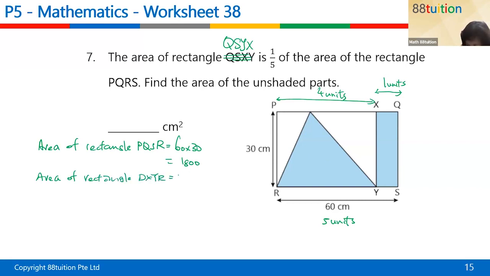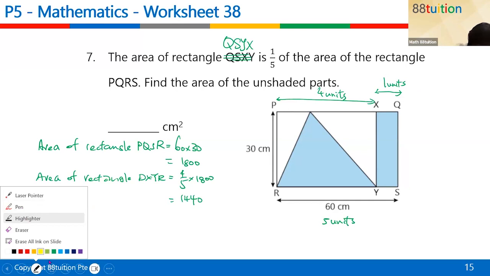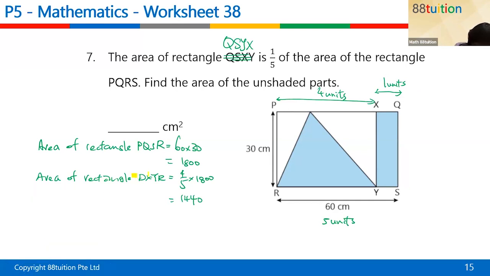Why is it so? Because this is 4/5 of 1800. Okay, you know how I get my 4/5 of 1800? Because he said this area will be 4 units out of the entire thing. So this is 1440. Okay, I repeat. The rectangle, maybe I put it in yellow. For this rectangle, I'm now talking about this rectangle.